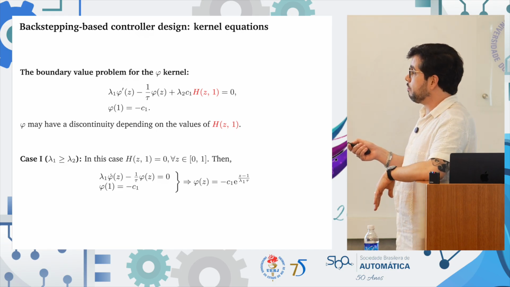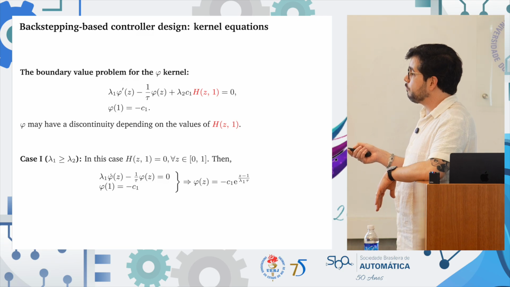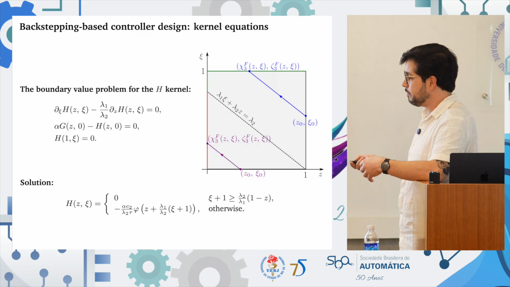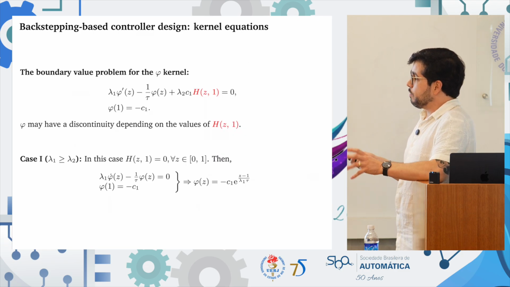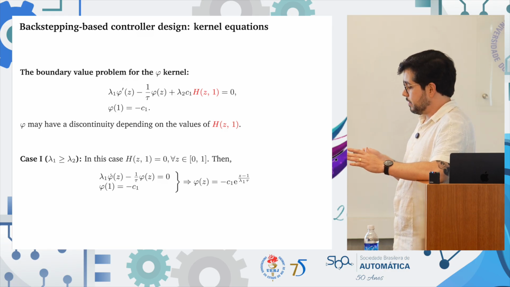If you take a look at the ODE of phi, we have this expression, so it depends on H. But if we look at the structure of H, we can see that H is 0 if this inequality is satisfied, and depends on phi if it is not satisfied. So we can break the problem into two cases.